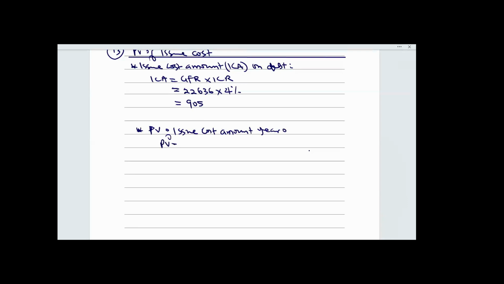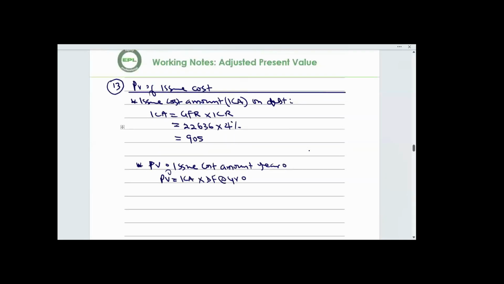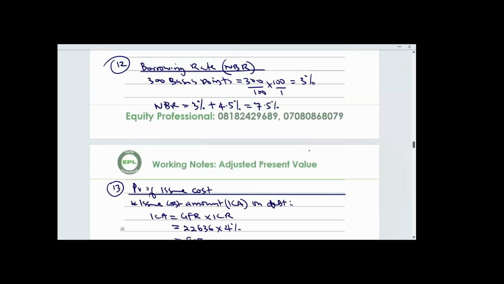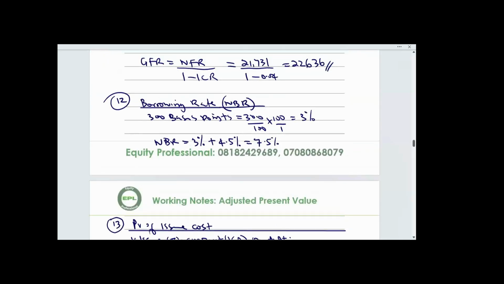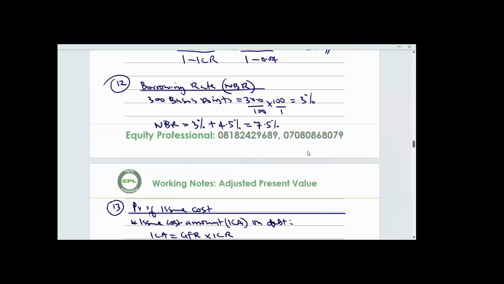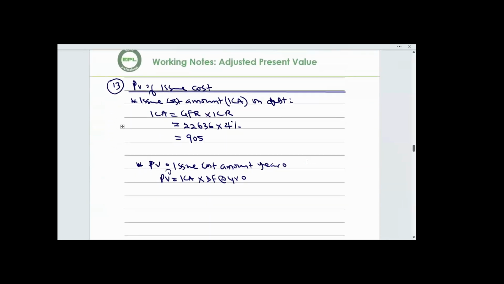PV will be equal to the issue cost amount multiplied by the discount factor at year 0. Remember, we have already decided that we are going to use borrowing cost as our discount rate for financing effect cash flow. So any PV you want to calculate under the financing effect, you are supposed to use the borrowing rate of 7.5%.